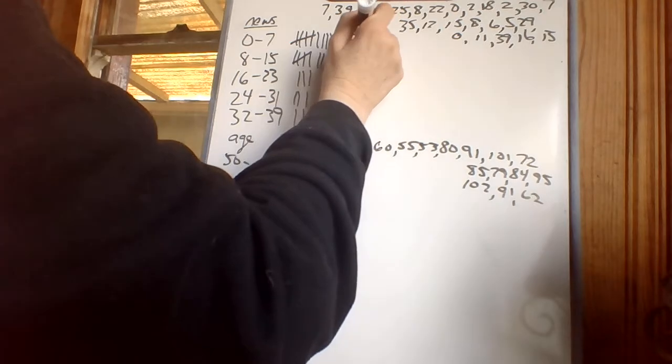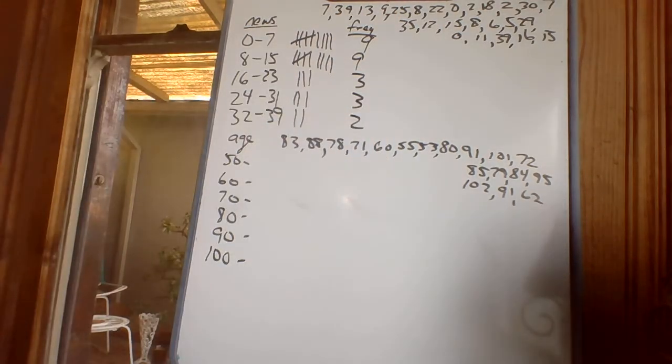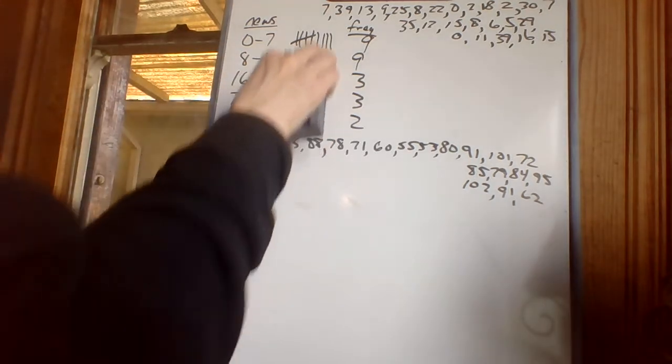Okay, so that would be 9 of those, and 9 of those, and 3 of those, and 3 of those, and 2 of those. Okay, and then after my unprofessional tally marks, when I make a PowerPoint slide, I don't include that bit.